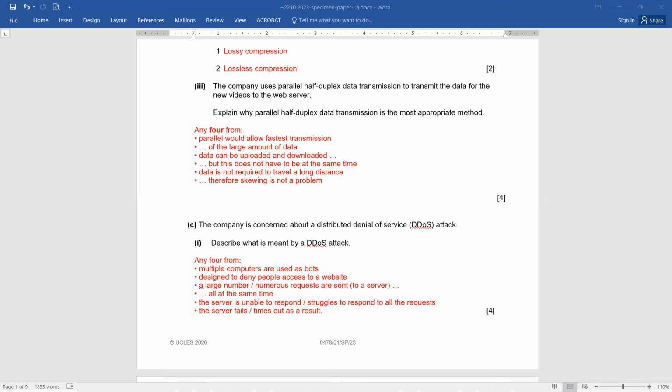A large number of requests are coming to it, and they all are coming at the same time. So it may result in the server being unable to respond, or it may result in the server failing. If you have mentioned all these points in your own words, then definitely you will be able to score 4 out of 4 very easily.